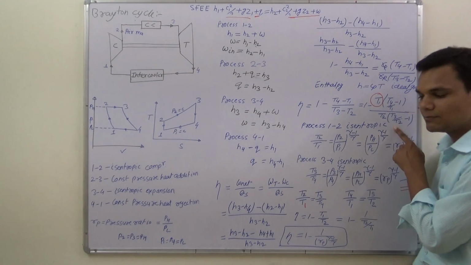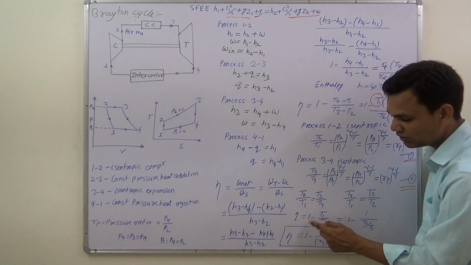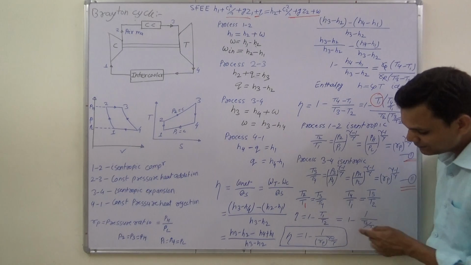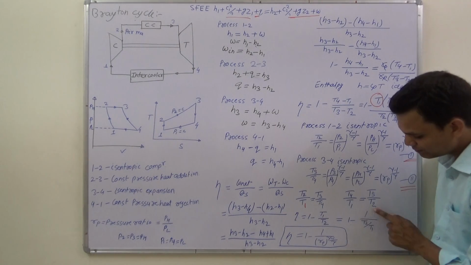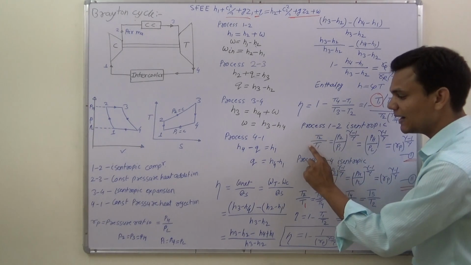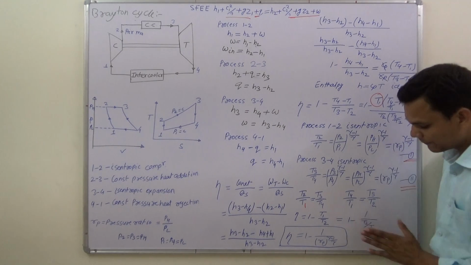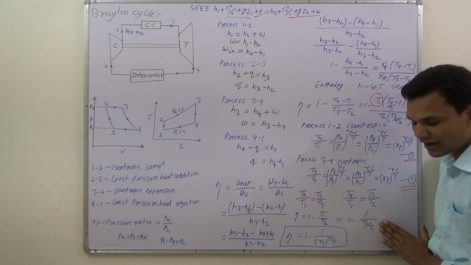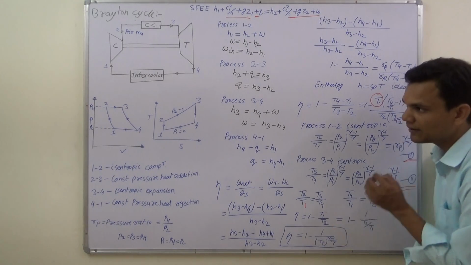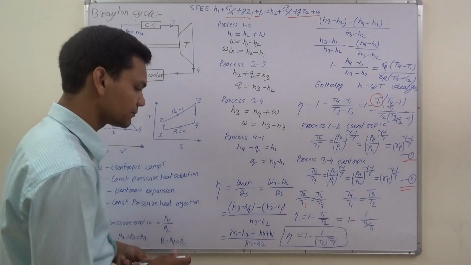These two terms will cancel, and the remaining term after the cancellation is efficiency equal to 1 minus T1 by T2, and we can modify this as 1 minus 1 by (T2 by T1), because T2 by T1 is equal to the pressure ratio Rp to the power (gamma minus 1) upon gamma. So in place of T2 by T1 we can write Rp to the power (gamma minus 1) upon gamma. So this is the value for the Brayton cycle efficiency calculation.